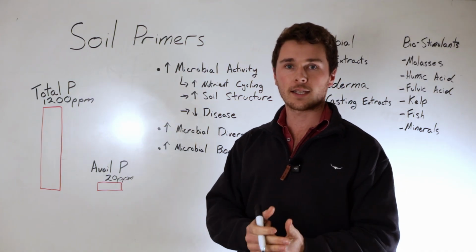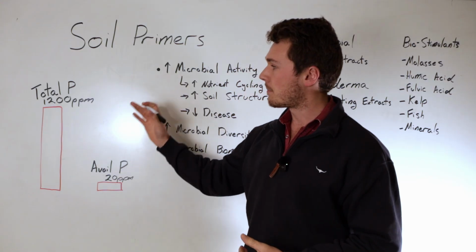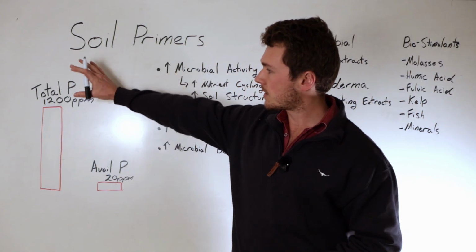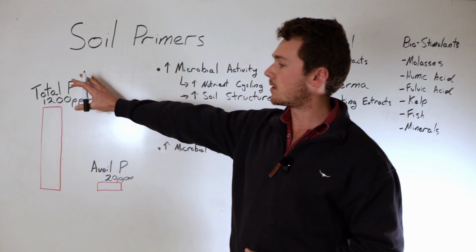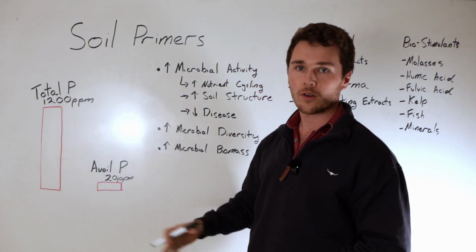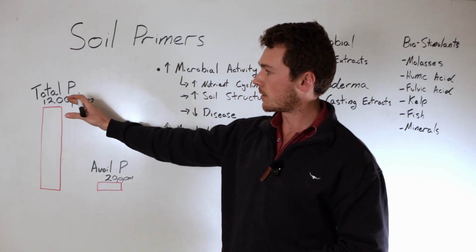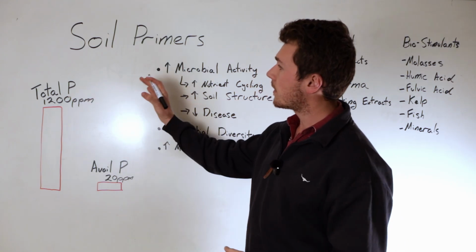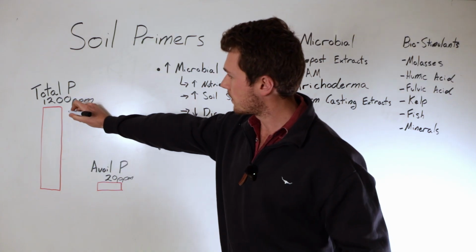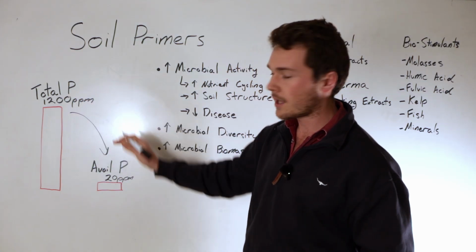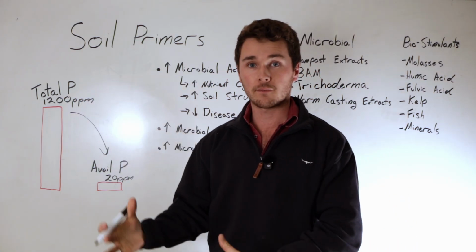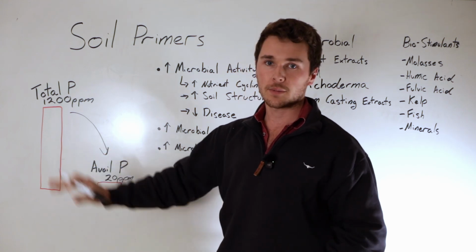So some microbes release phosphorus-solubilizing enzymes to take the phosphorus in the total component into available form for the plant. Likewise, fungi will assist with transporting that into the plant. So ideally with the soil primer, you'll get a bit of this phosphorus come down into that available phosphorus without needing to apply phosphorus because you've got all this stuff backed up in your reserves.